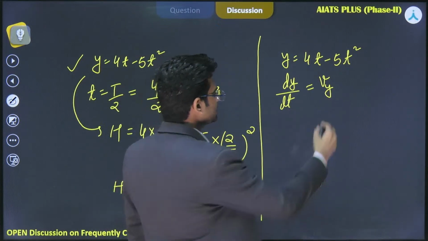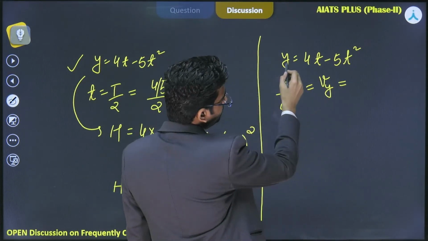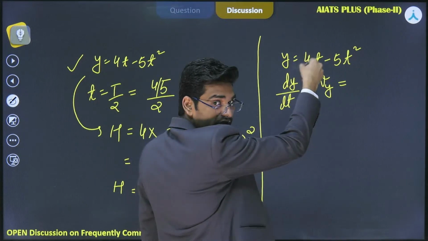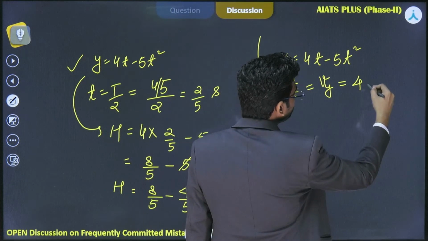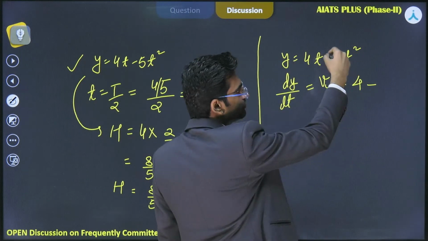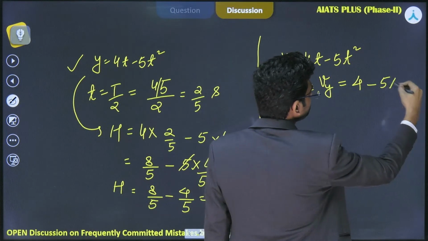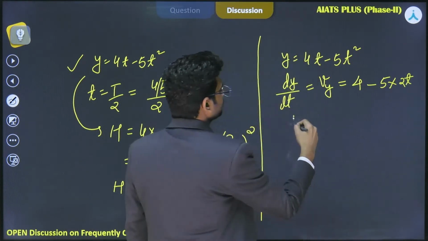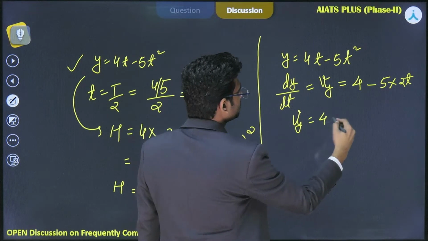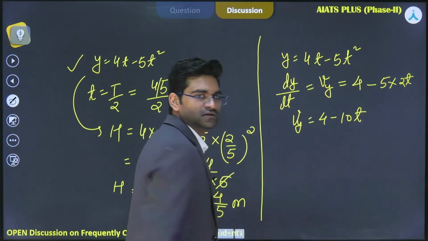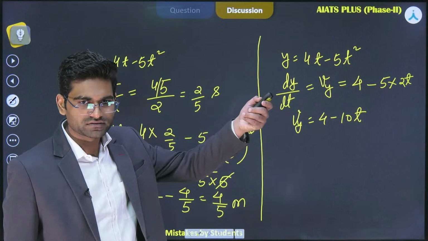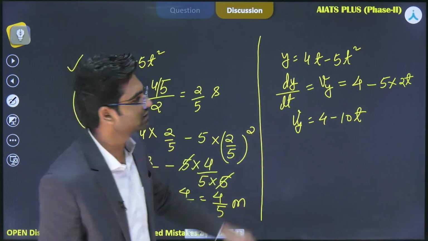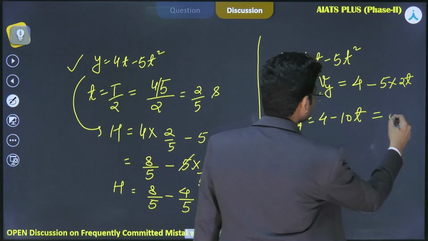This Vy will be dy by dt, which means d by dt of 4t, that will be equal to 4, minus d by dt of 5t square, that is 5 into 2t. So Vy will be equal to 4 minus 10t. And at the point of maximum height, what will happen to Vy? It will become 0.